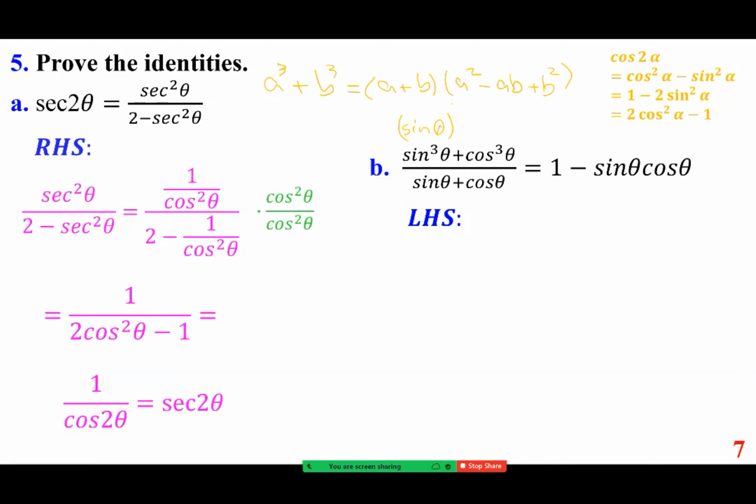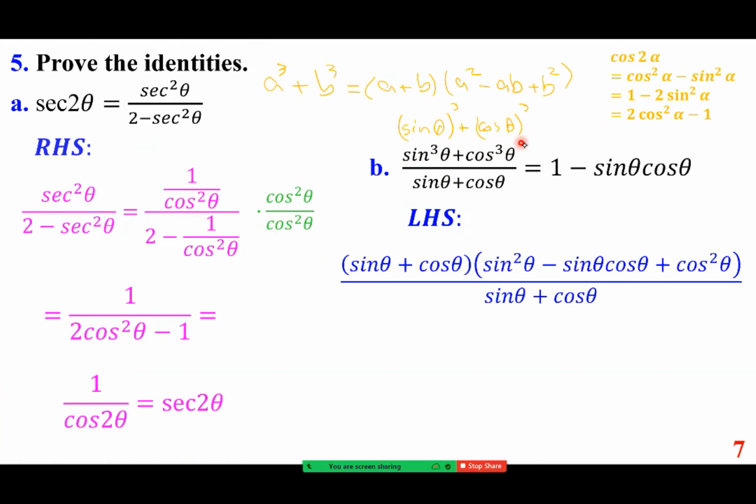So this is sine theta to the third power. This is cosine theta to the third power. So we can write this according to this as sine theta plus cosine theta, then sine squared minus sine theta cosine theta plus cosine squared. And we don't touch the denominator.